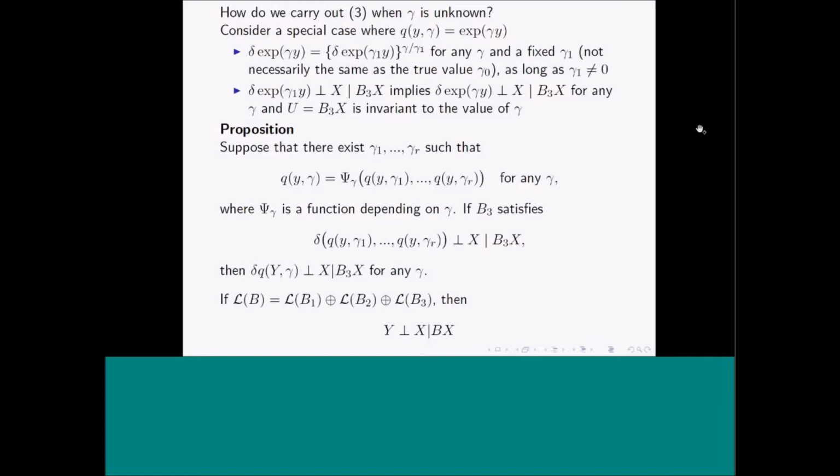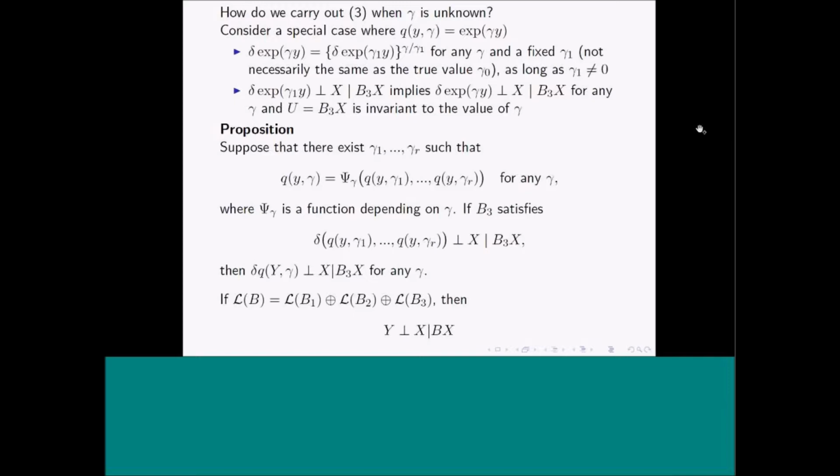Here, the next proposition is a more general situation. I'm going to assume that the Q function, Q(y, gamma), can be expressed in terms of maybe R base functions. Here in the top example, R is equal to 1. But you may have a more complicated model, right?